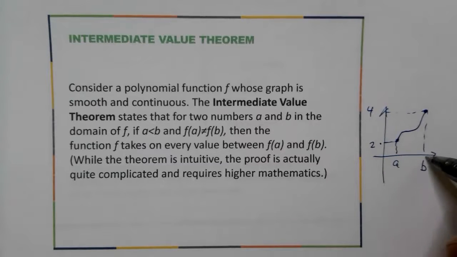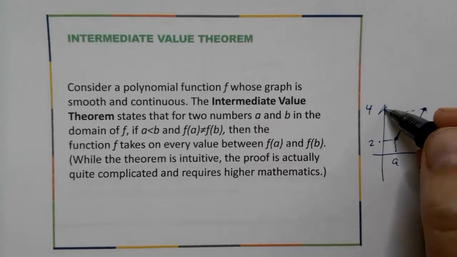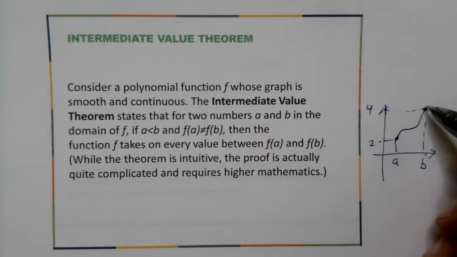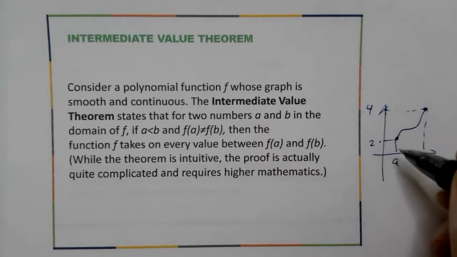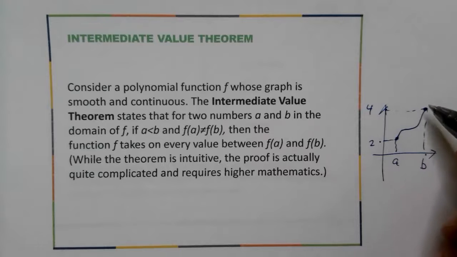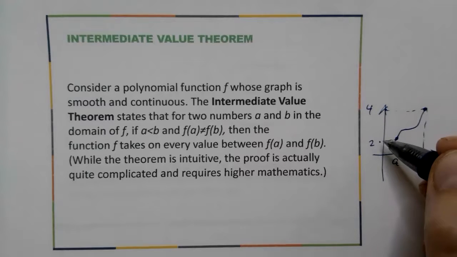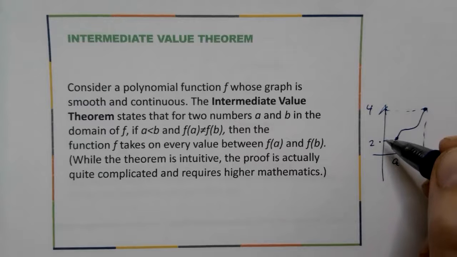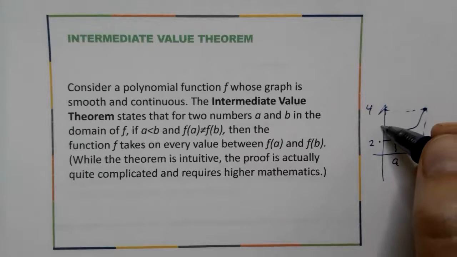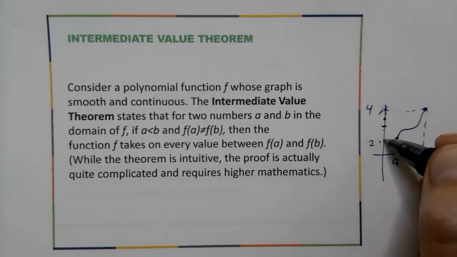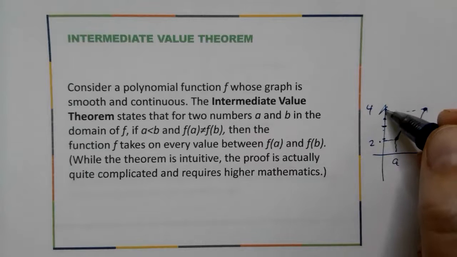When x is b, the y value is 4. Then we know that somewhere within this interval, the function took on every value between 2 and 4. So at one point, it had a value of 3, or 3.5, or 2.01. So it had to go through all of these values in order to go from 2 to 4.